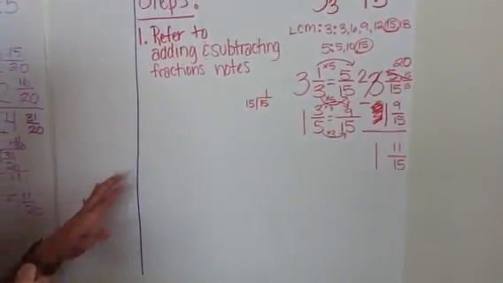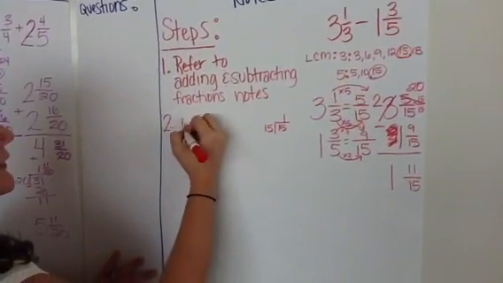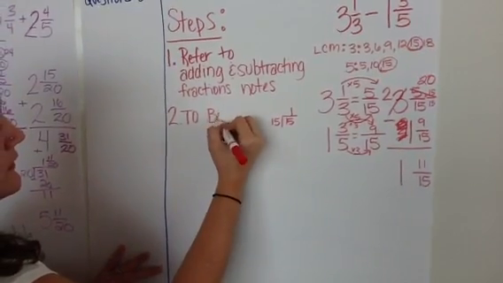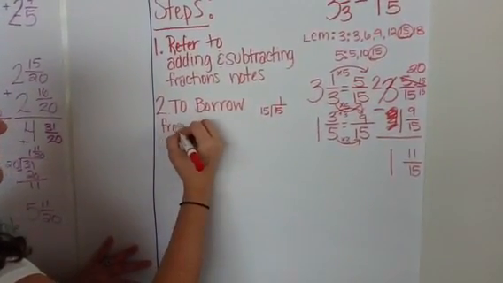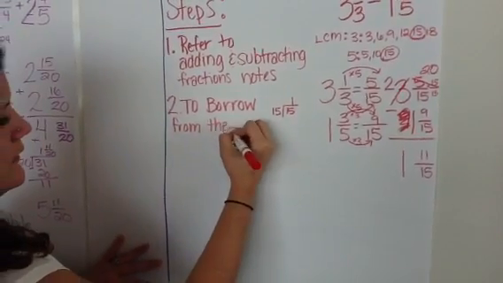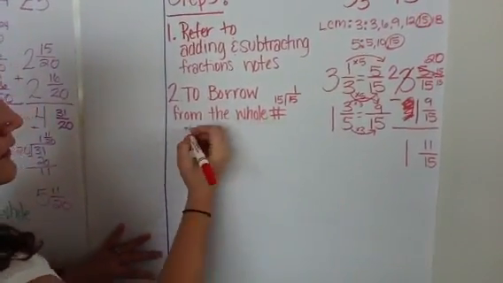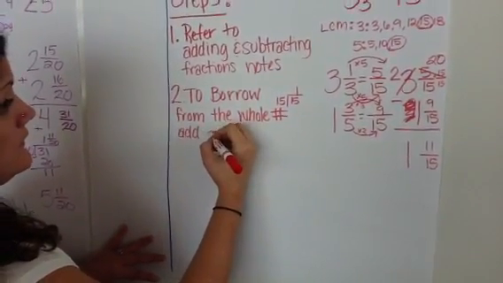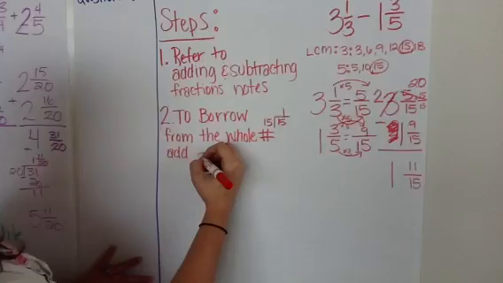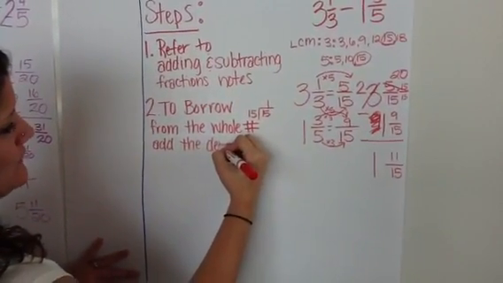So let's add those steps over here for borrowing. To borrow from the whole number, add... I usually say add the denominator to the numerator.